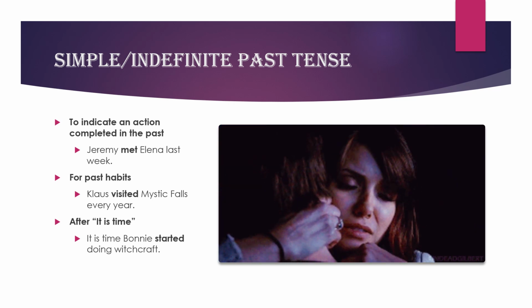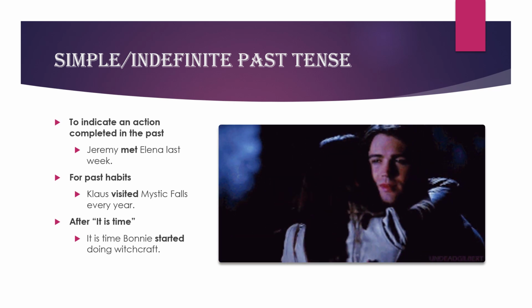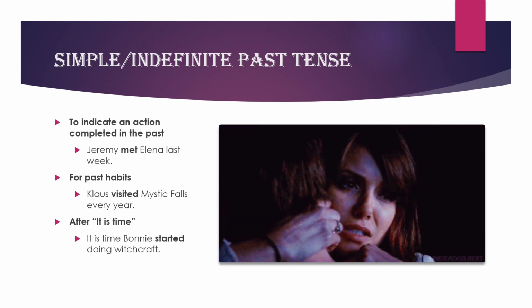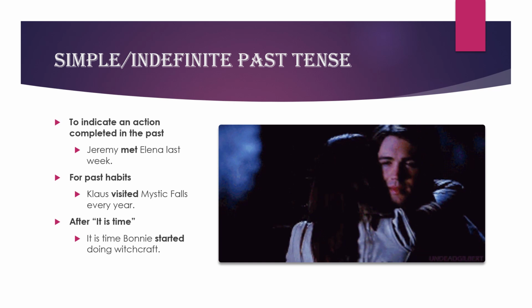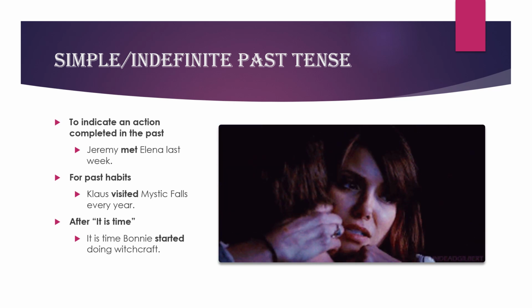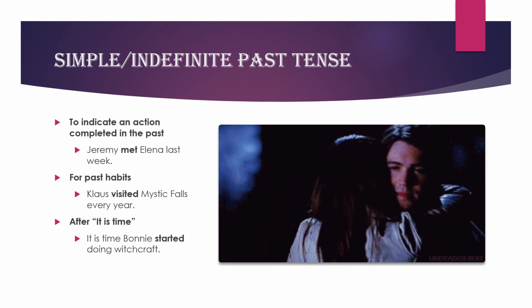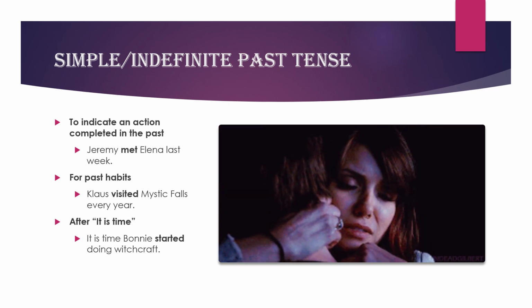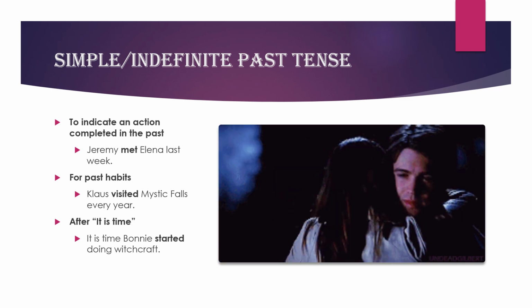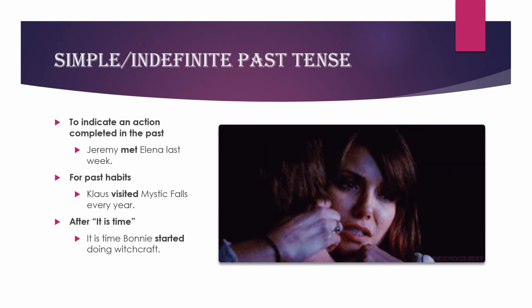Jeremy met Elena last week. Now the moment we're talking about this, if you can notice, last week is an adverb of time, and we've just discussed that whenever you're using an adverb of past time in a sentence, in that case you will be using a simple past tense and not the present perfect. So Jeremy met Elena last week.